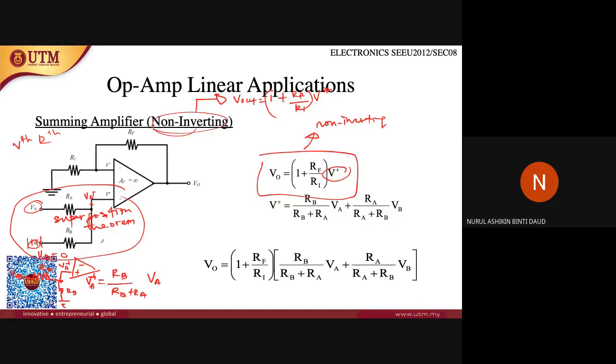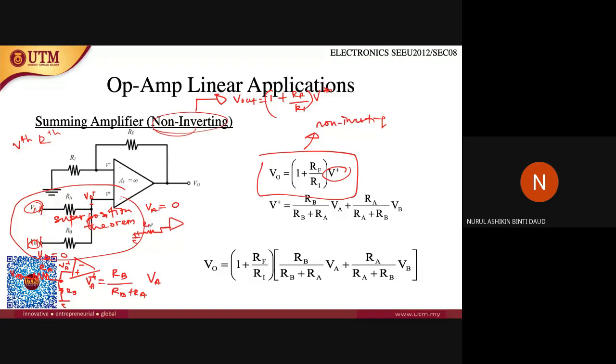You have to consider another thing, which is if VA here is ground, or VA here is 0. So when VA is equal to 0, what will happen? The circuit will look like this, right? This will be ground.